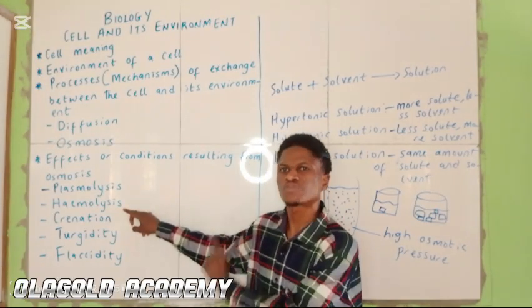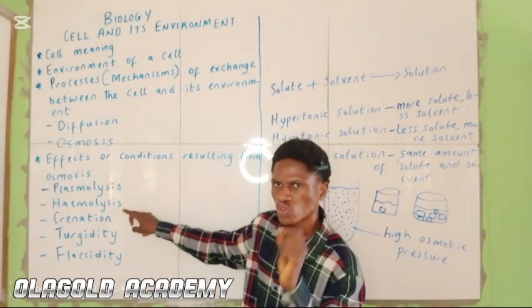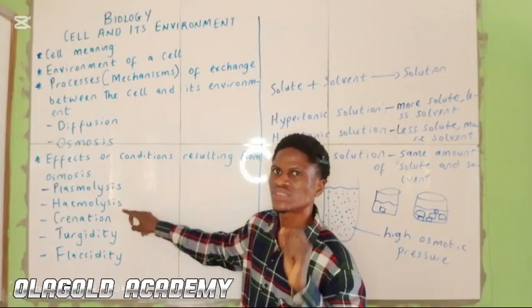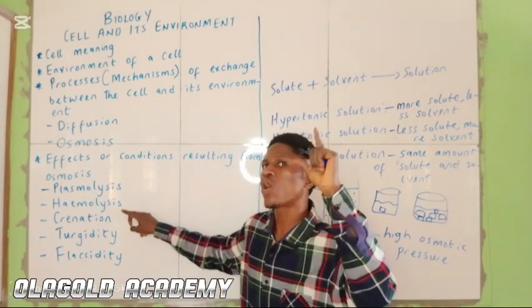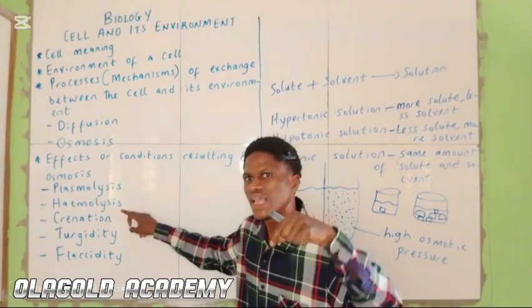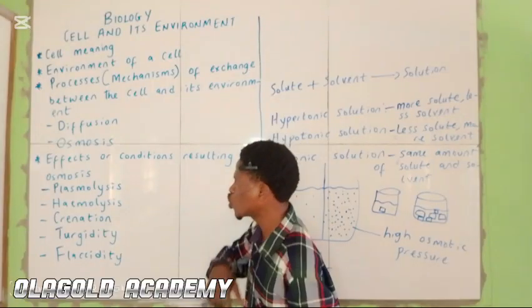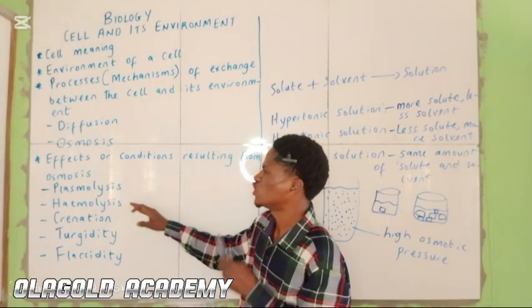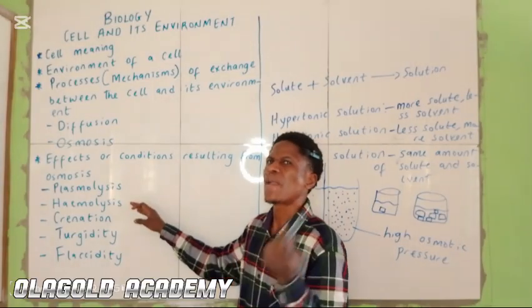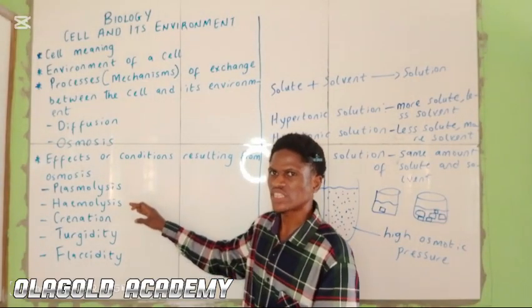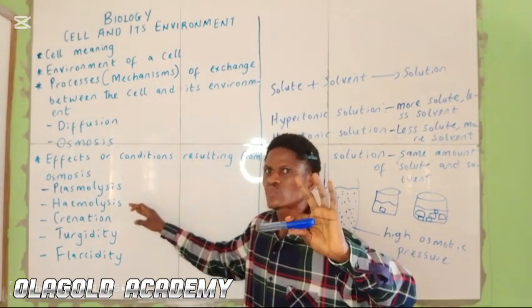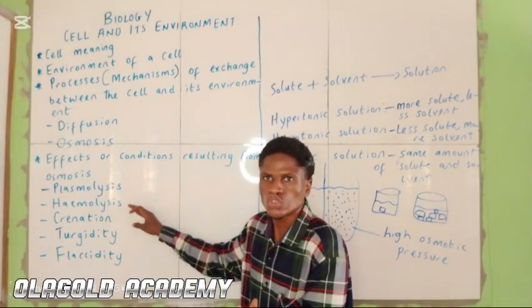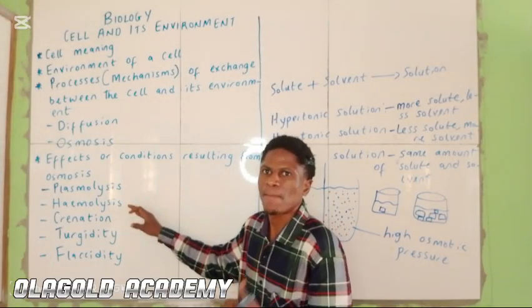Now, I explain a hypotonic solution as a solution that contains more solvent, less solutes. So when a red blood cell is placed in a hypotonic solution, that is a solution that contains less amount of solute but high amount of solvent.